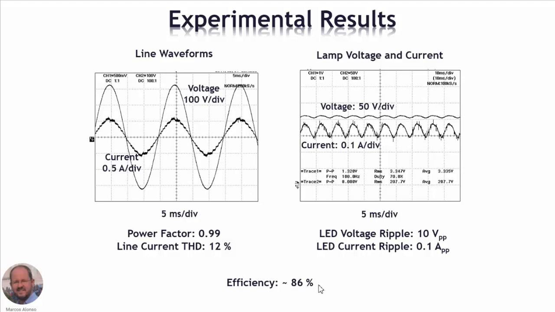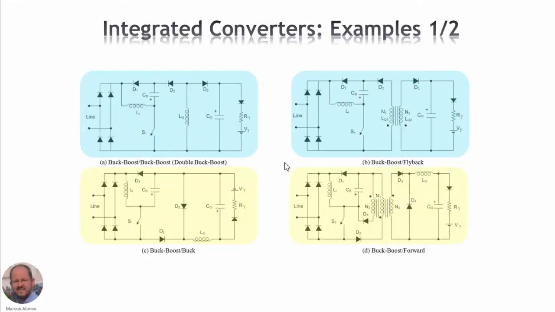But I have to say that we have developed after this prototype other prototypes, and we have gotten around 92% of efficiency already with an improved design. And here we have other examples of integrated converters. For example, here the buck boost converter with the buck boost converter, which is the double buck boost converter that we have just seen.